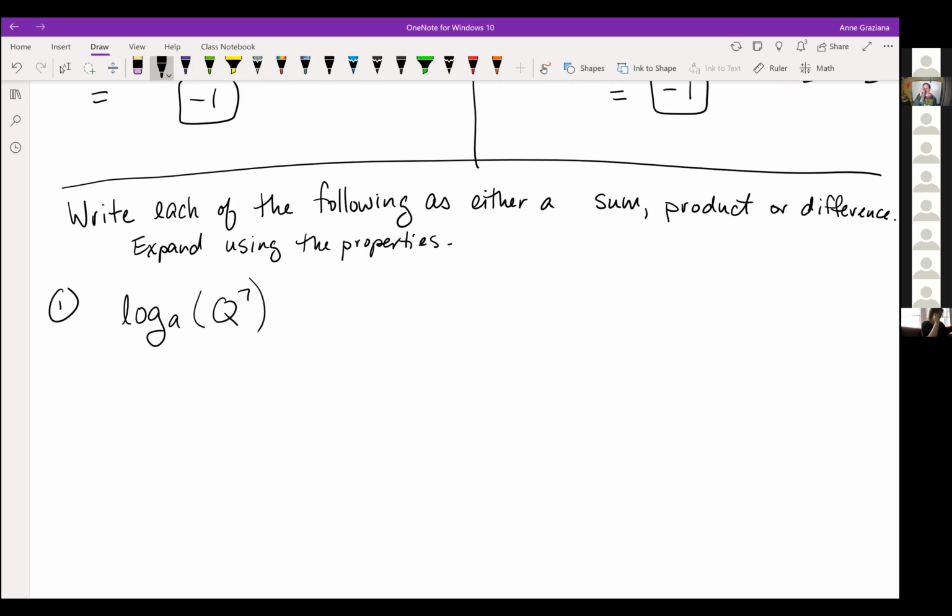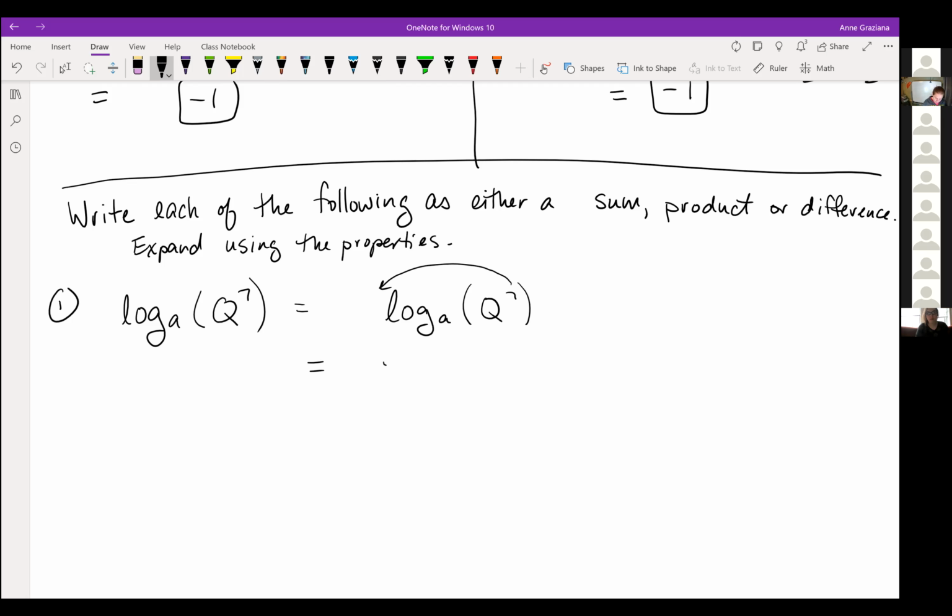Now I want to write this, I'm going to expand it out. Which property is this? Am I using the power, the quotient, or the product? Power. Definitely power. So what I can do is parachute that exponent right out in front.